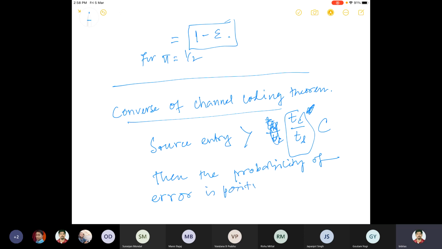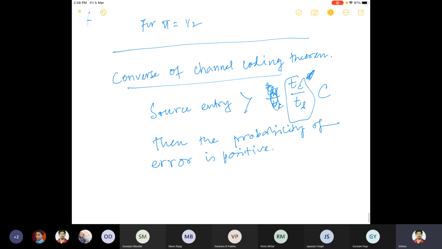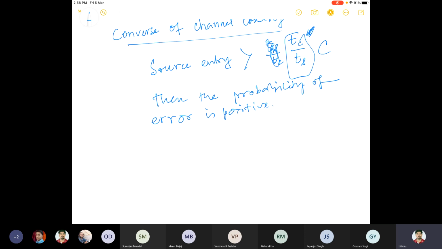So that means you have to recall this diagram, the block diagram of the communication system. If I use this protocol for my transmission of bits through the channel, then there is always a probability of error.